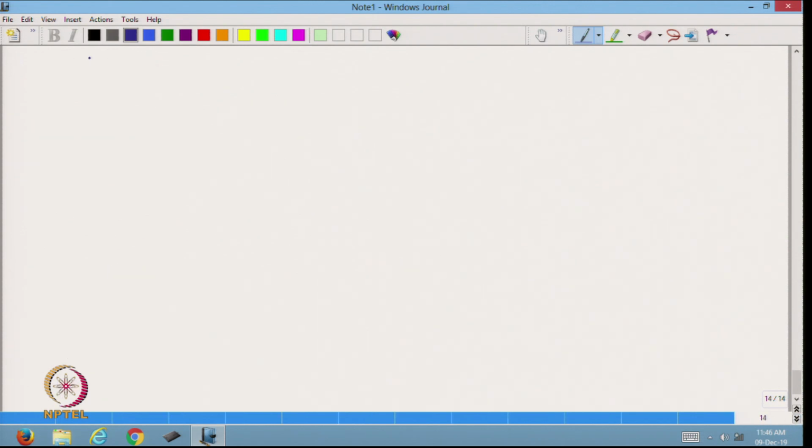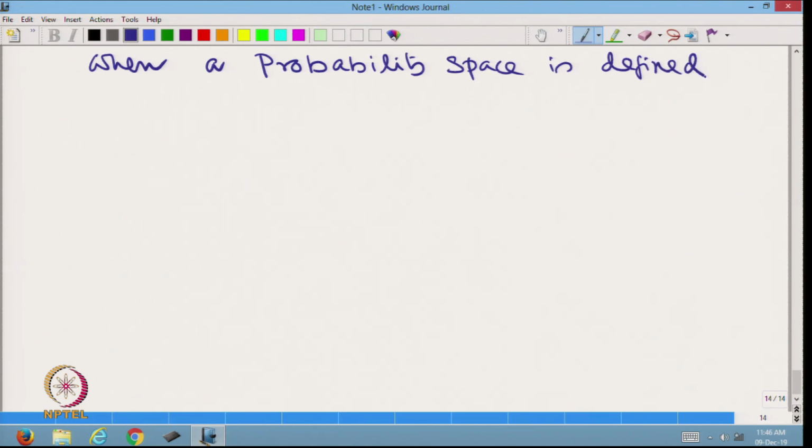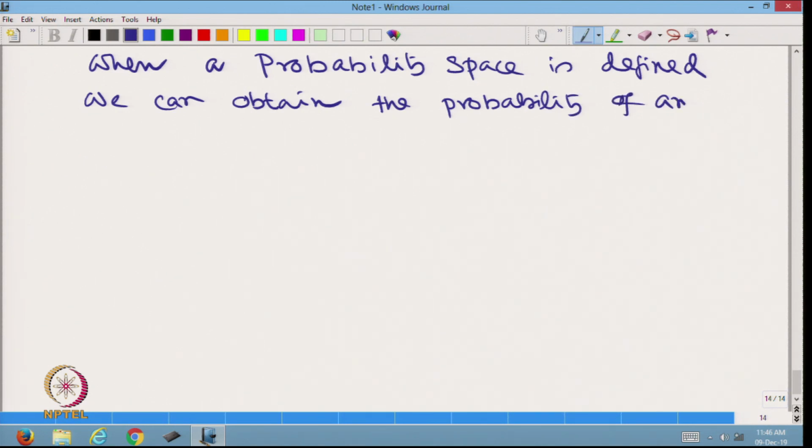And when a probability space is defined, we can obtain the probability of an event through its measure.